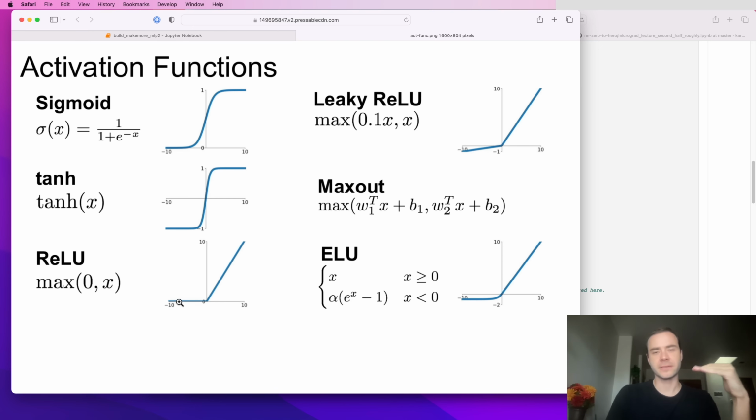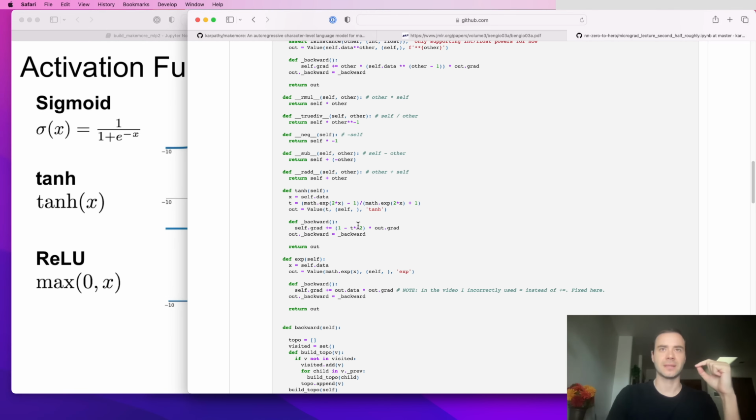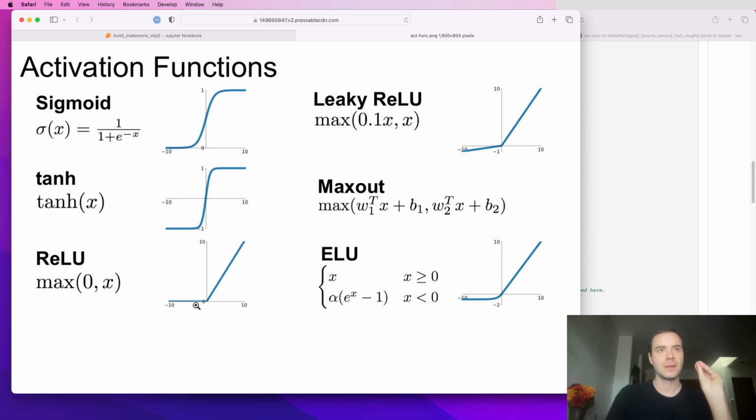Since the region here is completely flat, during backpropagation this would be exactly zeroing out the gradient. All of the gradient would be set exactly to 0, instead of just a very, very small number depending on how positive or negative t is. And so you can get, for example, a dead ReLU neuron.